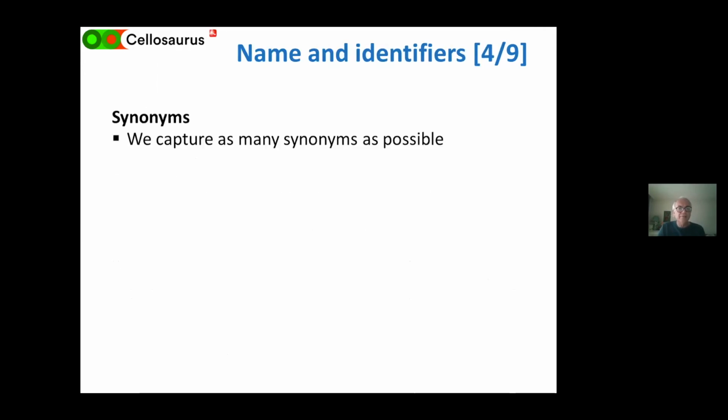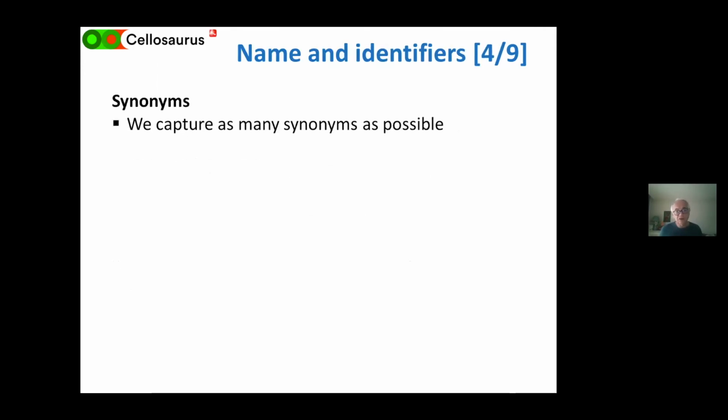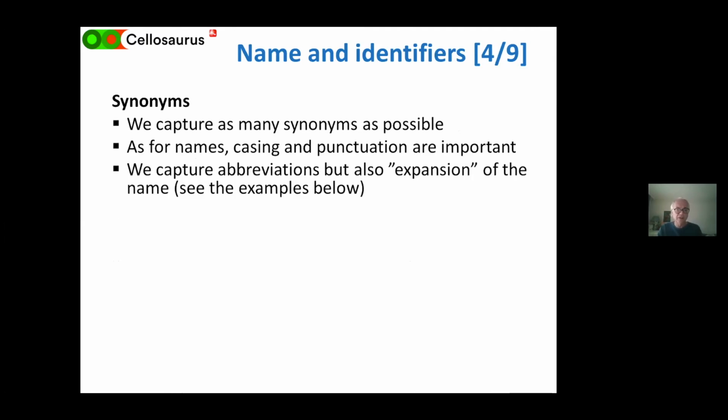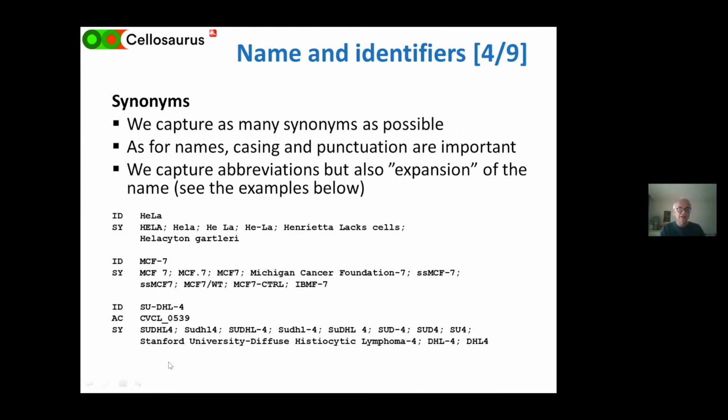Okay, then synonyms. Well, we try to capture as many as possible. And as for names, casing and punctuation are important. And we also capture not only abbreviations, but expansions of the name. I need to show you examples for this. Here, you have a famous cell line, MCF7.